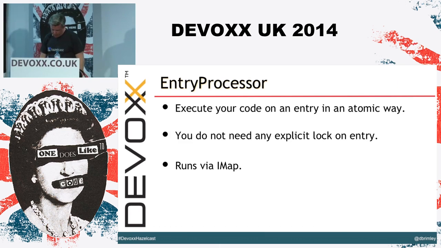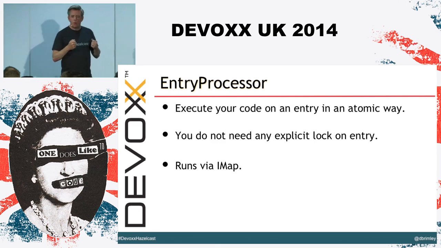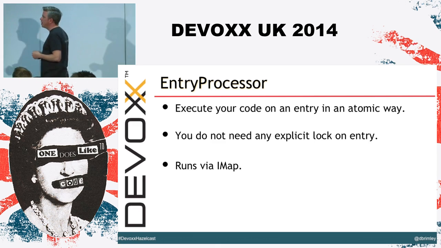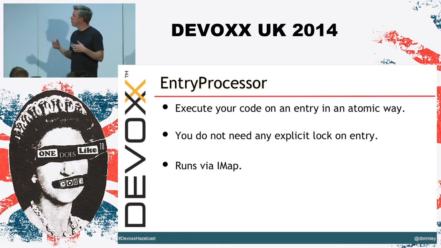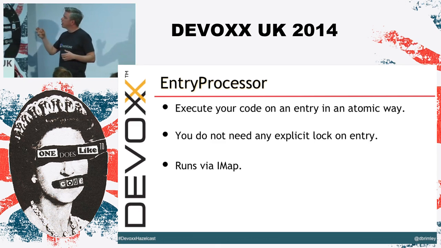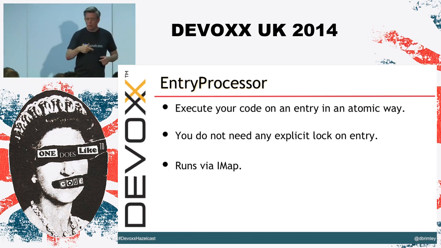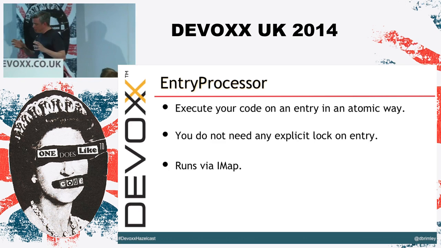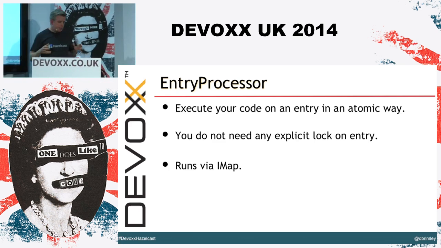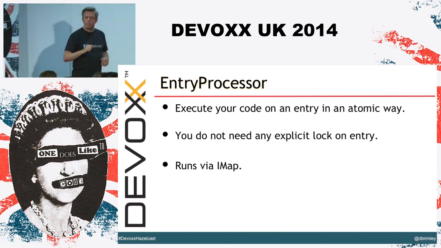And then entry processor. Entry processor is really an atomic way of executing a runnable or callable. Well, it's not a runnable or callable, but it's a way of executing code in an atomic way on a key-by-key basis. So what Hazelcast will do is you implement an entry processor interface, and you say, I want to run it on a particular set of keys.